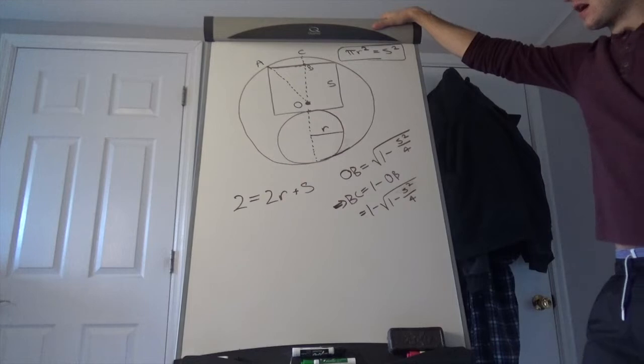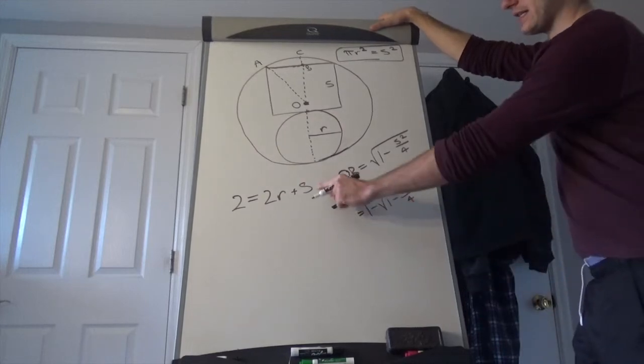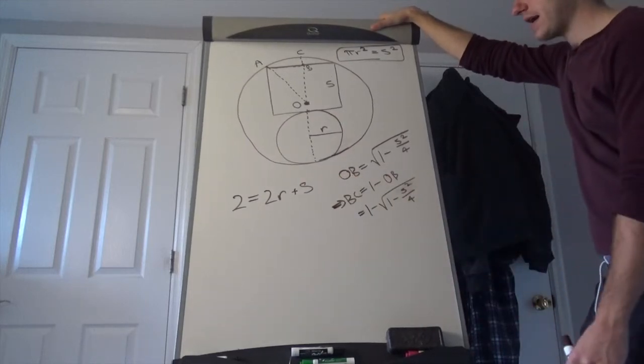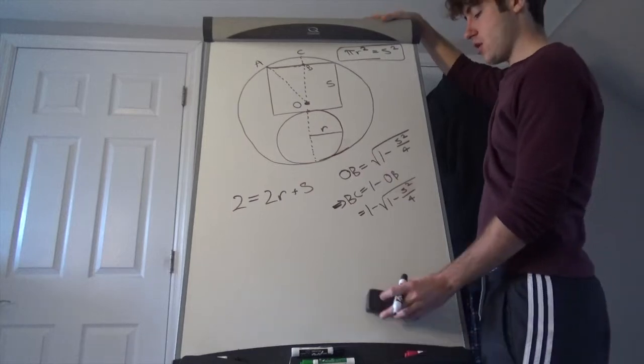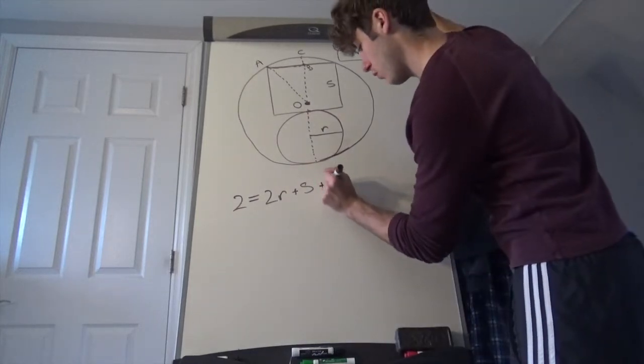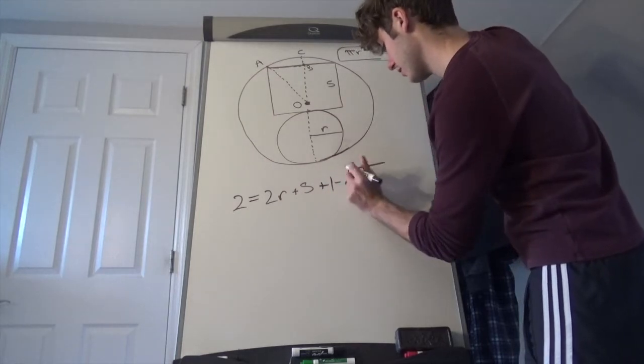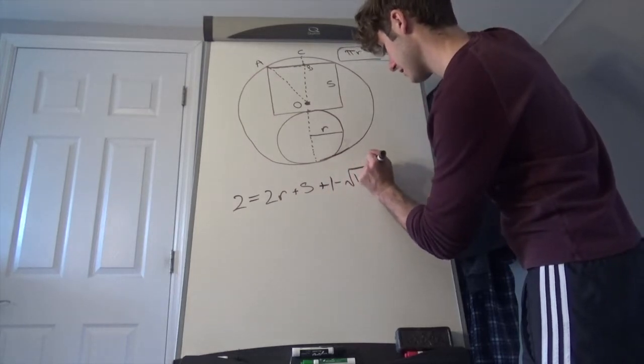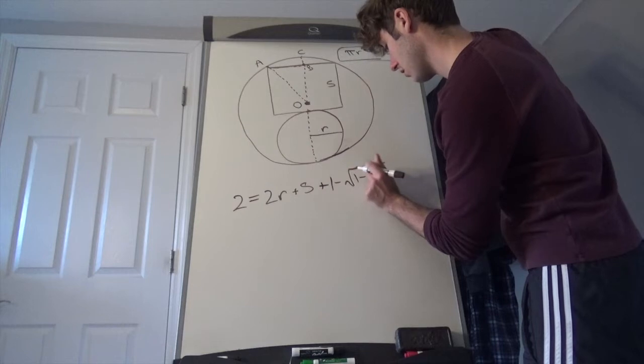And this is the last thing that we need to tack on to the end of this here. So we end up with plus 1 minus the square root of 1 minus s squared over 4.